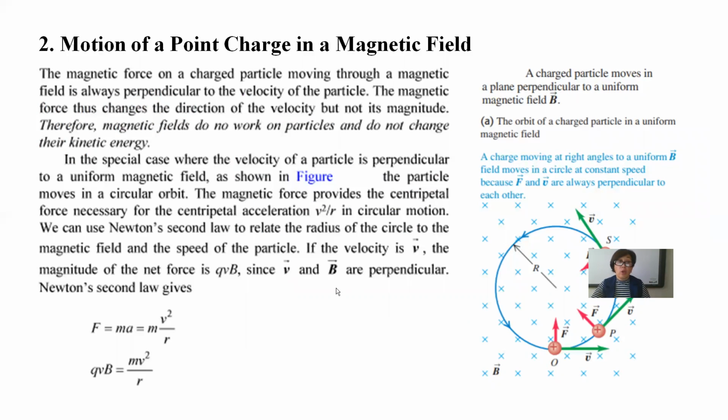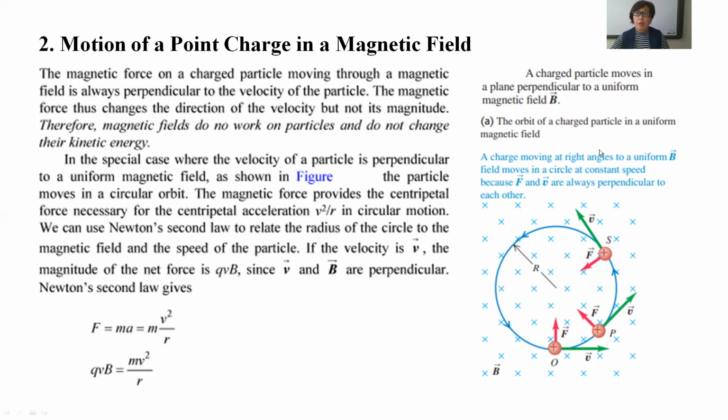Okay, and the second topic, motion of a point charge in a magnetic field. We know the magnetic force on a charged particle moving through a magnetic field is always perpendicular to the velocity of the particle. Here is a charged particle moving in a plane perpendicular to a uniform magnetic field, the orbit of a charged particle in a uniform magnetic field.